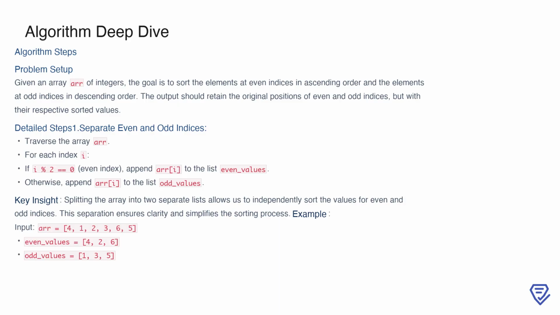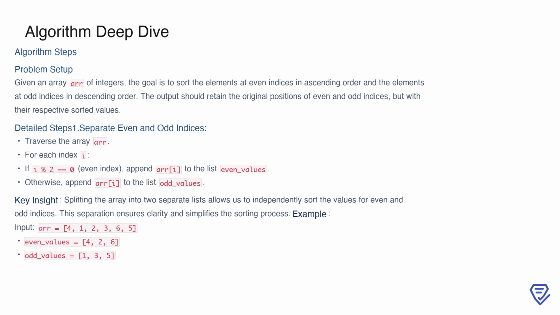The first step in our approach is to separate the values based on their indices. As we traverse the array, we identify each index as either even or odd. For even indices, we append the corresponding values to a list called even_values, and for odd indices, we append them to a list called odd_values.